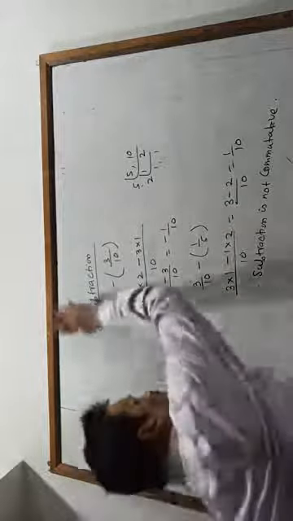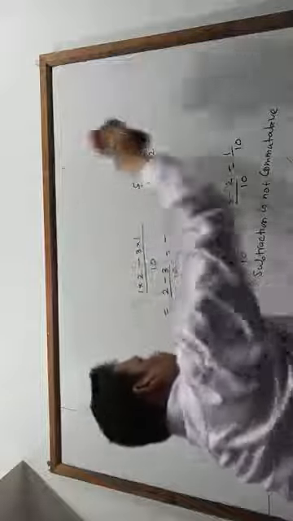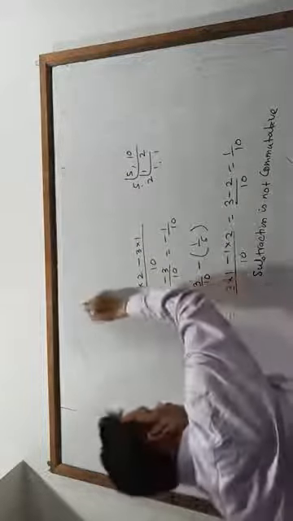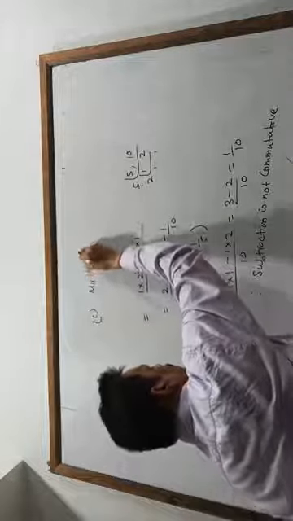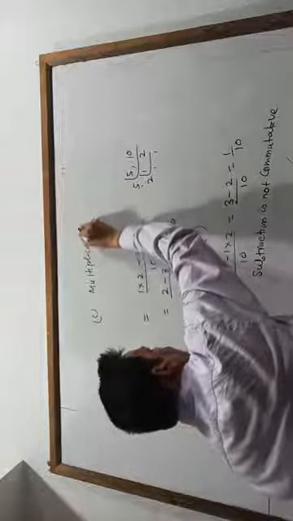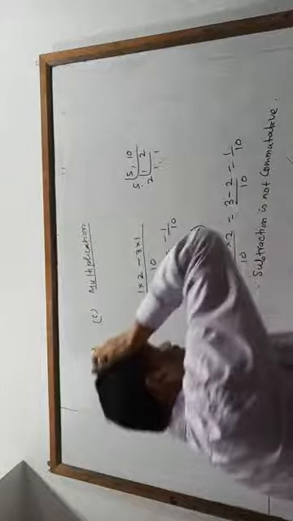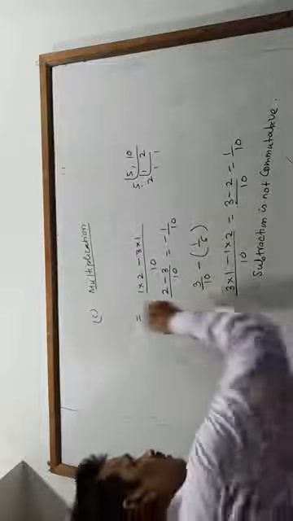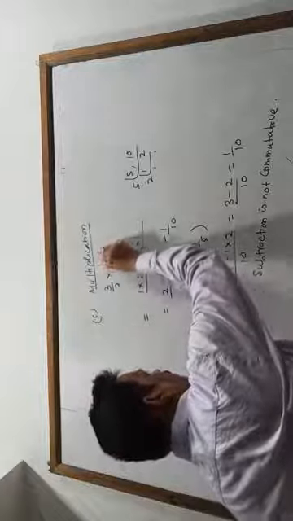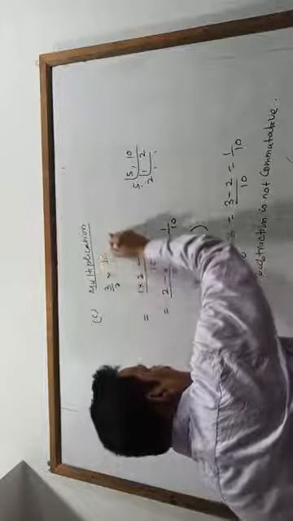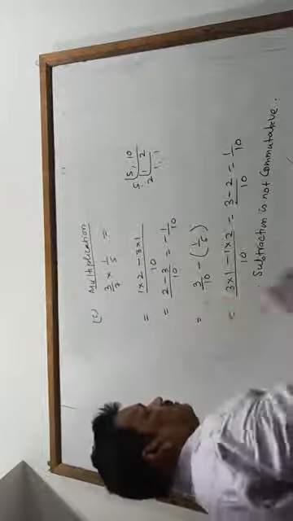Then you take multiplication. Multiplication means take 3 by 7 and 1 by 5. Multiply 3 by 7 with 1 by 5.